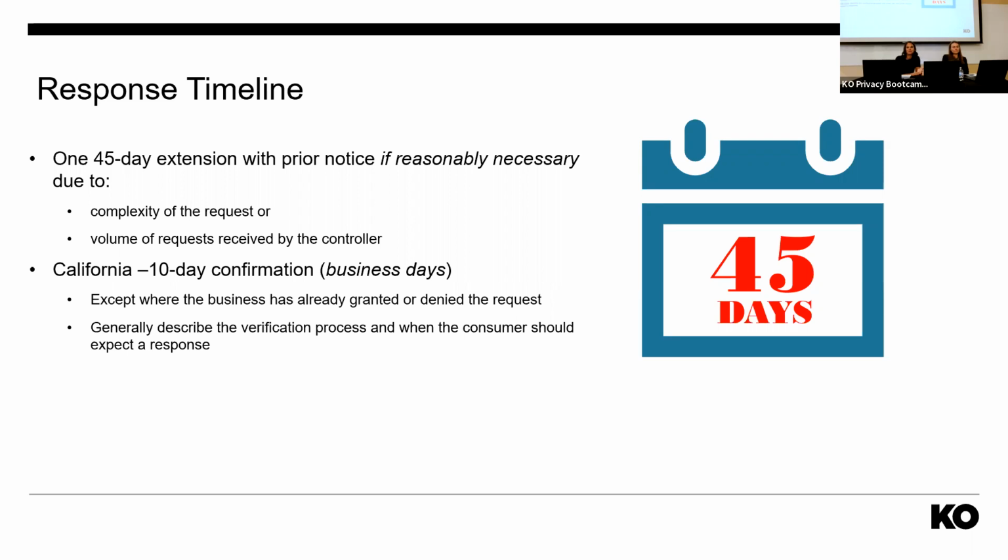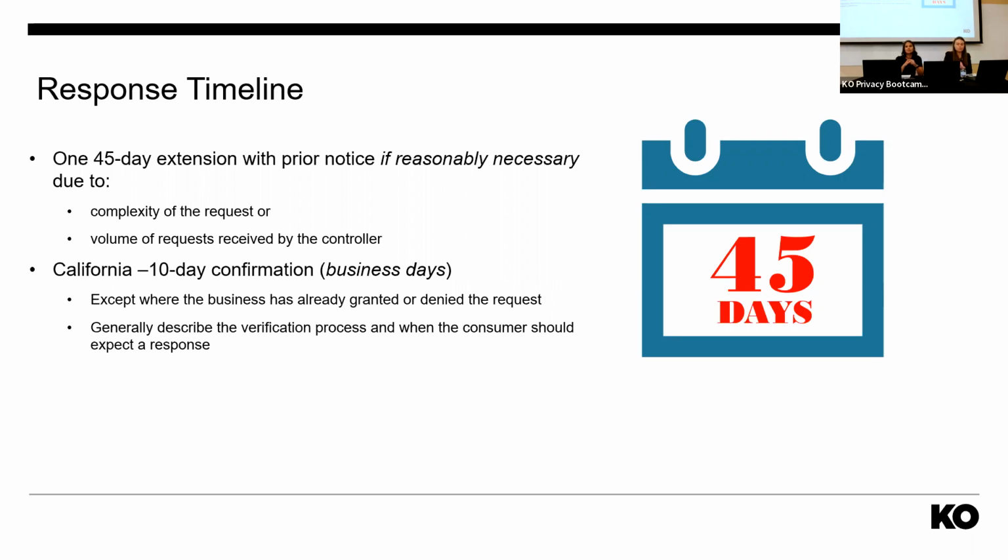Within that time, you need to also, to the extent required, be verifying that it's a verifiable consumer request. California does have one additional requirement, and it's this confirmation, which needs to be provided within 10 business days of receiving the request. And that's only to the extent you haven't already processed it within those 10 days, denying it or approving it.